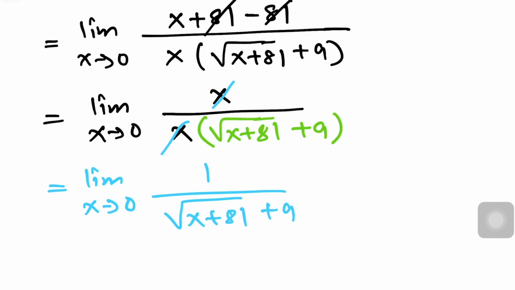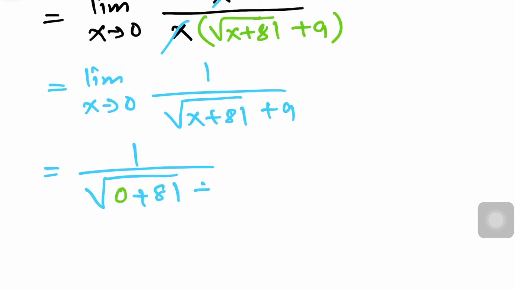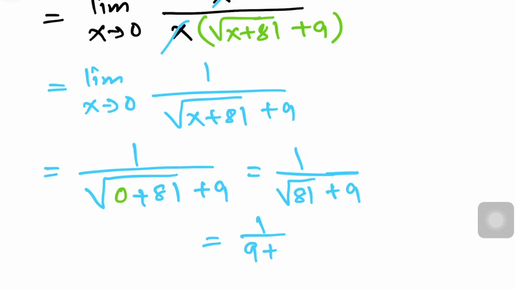As x approaches 0, we have 1 on top, over square root of x plus 81 plus 9. Now we can substitute the x with 0. So it's 1 over square root of 0 plus 81, plus 9, which is 1 over square root of 81 plus 9.